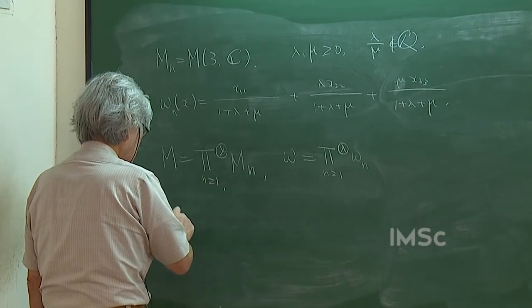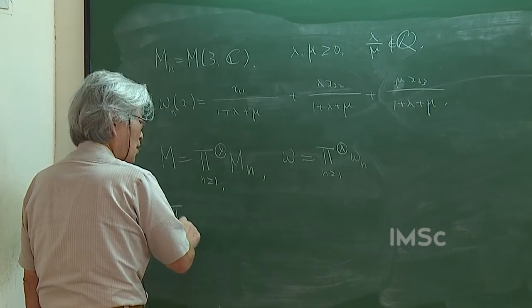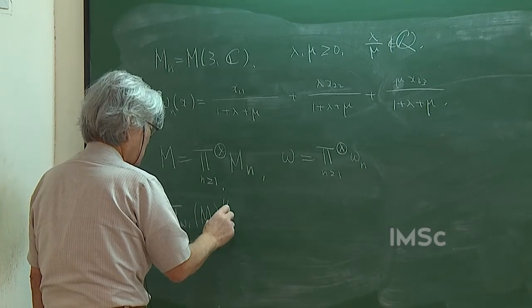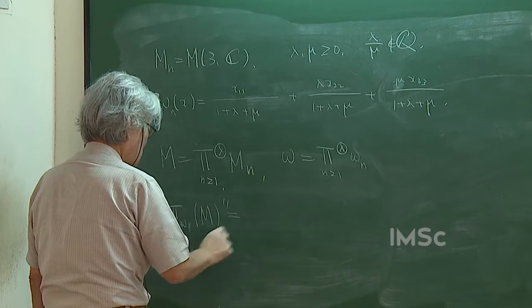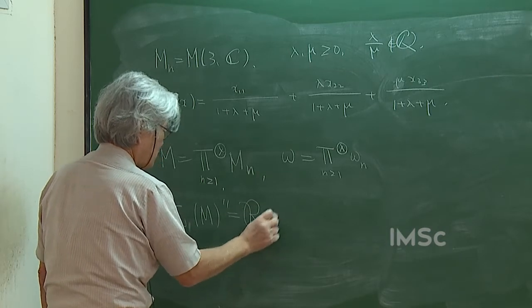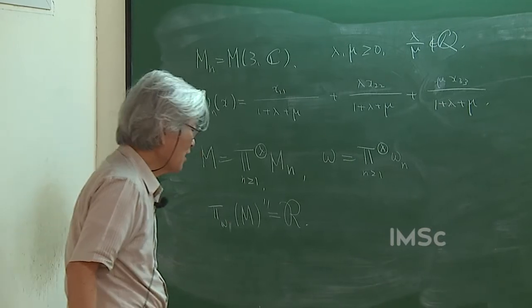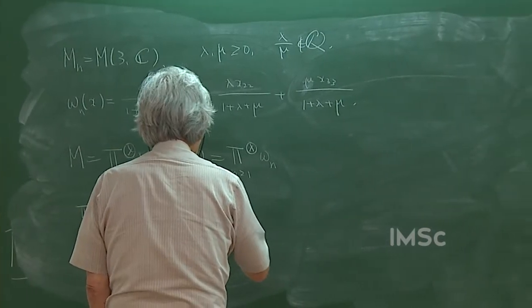And then you construct the pi_omega of M, which is R, on the algebra R. Then I will do the following.